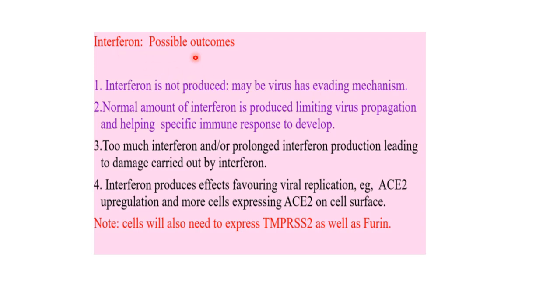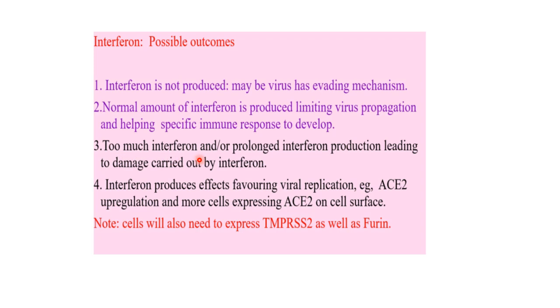So for interferon, the possible outcomes are: 1. Interferon is not produced, maybe because the virus has evading mechanisms. 2. A normal amount of interferon is produced, limiting virus propagation and helping a specific immune response to develop. 3.